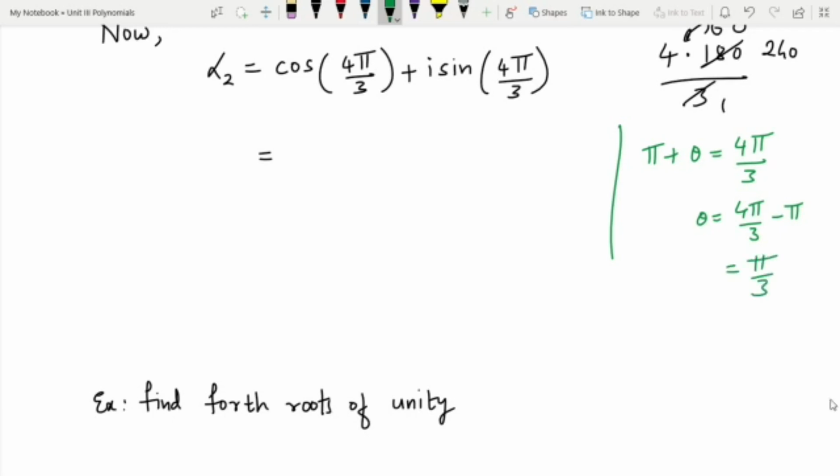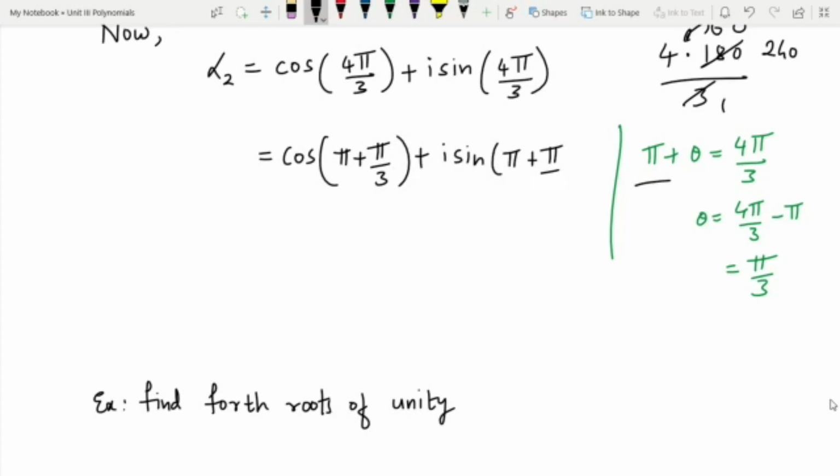So we got the value of theta as pi by 3. So you can express this 4 pi by 3 as cos of pi plus pi by 3, plus i sine of pi plus pi by 3.